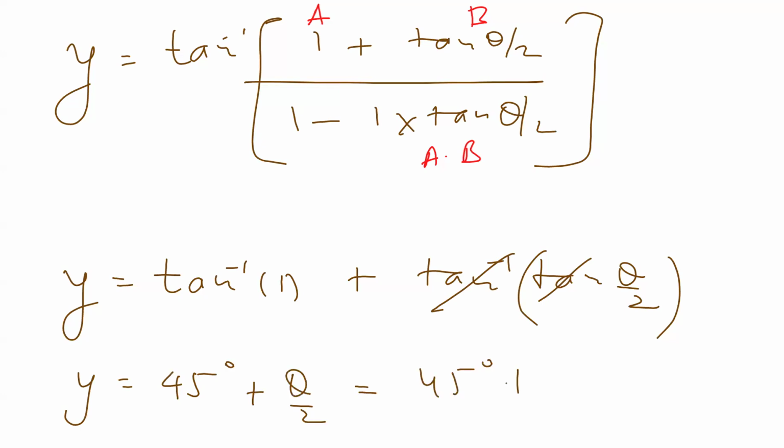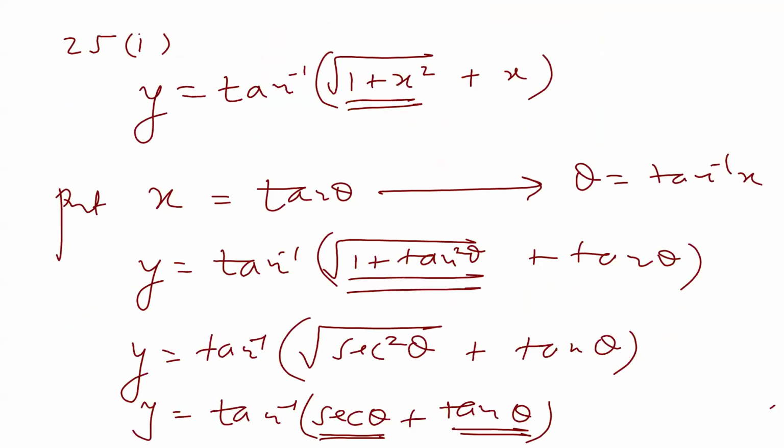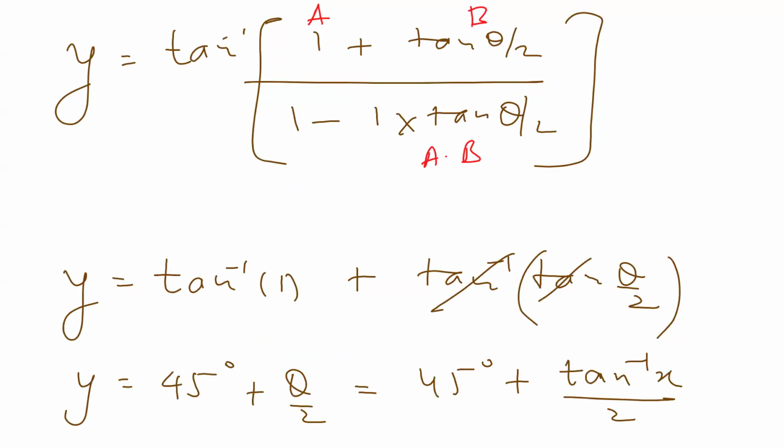So 45 degree plus theta by 2. What is theta? Theta is equal to tan inverse of x. Okay, we have written theta as tan inverse of x, right? So dy by dx, derivative of 45 is 0, plus tan inverse of x upon 2.